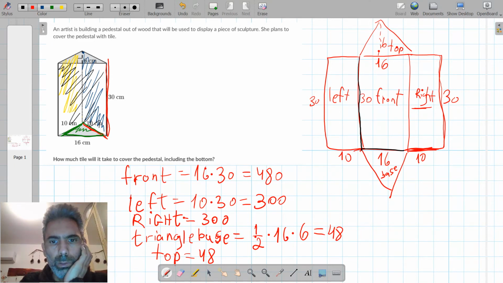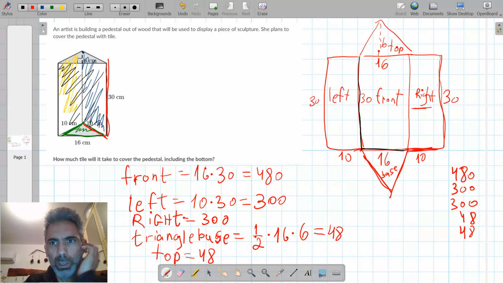Okay, so in total we have 480 plus 300 for the left face, plus 300 for the right face, plus 48 for the triangular base, plus 48 for the triangle at the top. So 1, 2, 3, 4, 5.